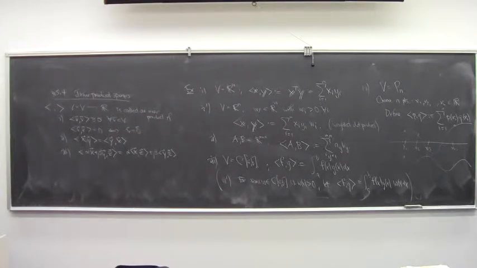Okay, so let's think about this. Is this a dot product? Well, certainly, 2 and 3 are again easily satisfied. So the hard one is, as before, 1. Is it true that if we take a polynomial against itself, we always get something bigger than or equal to 0?